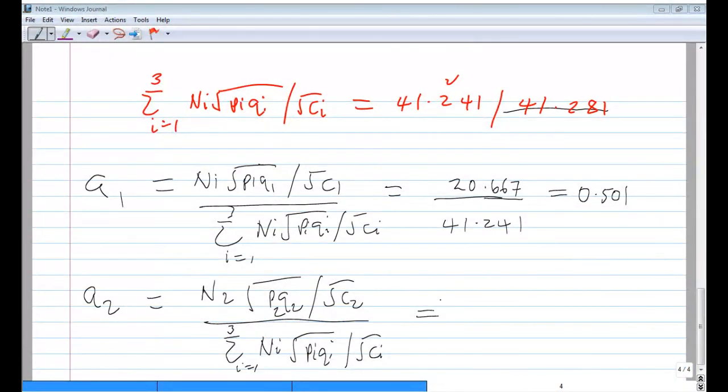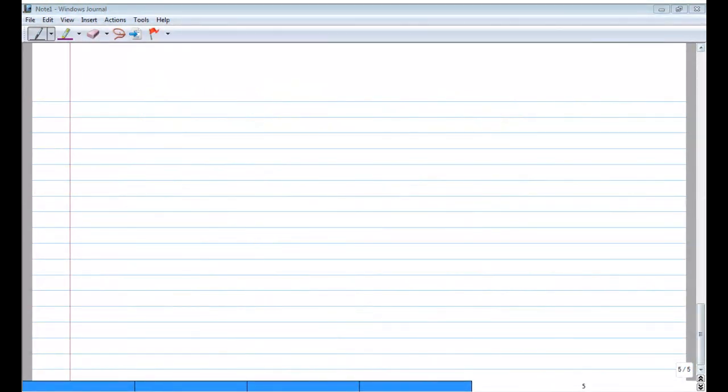What is the numerator there? 8.949. Then the answer is 0.217.